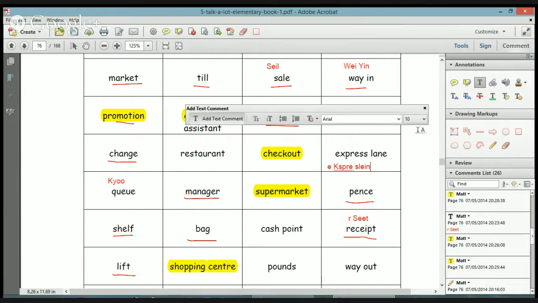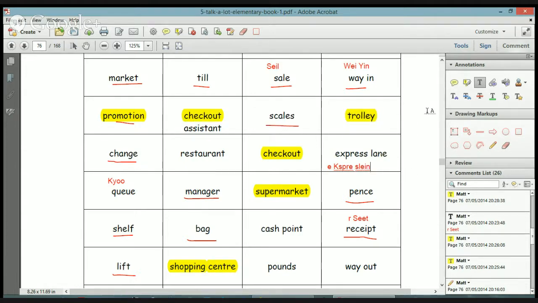So we can see the phonetic spelling here, which is not stressed, expre, which is stressed, which has got the capital letter, express lane. And when I speed it up to normal speed, you can't tell, but it sounds like English. It's one of the features of English that we use connected speech.